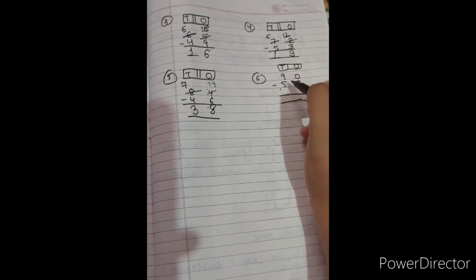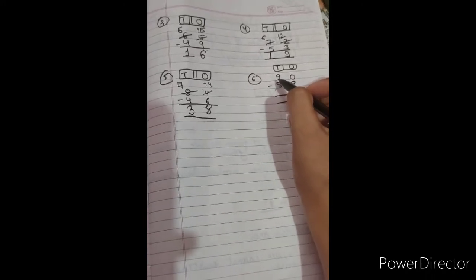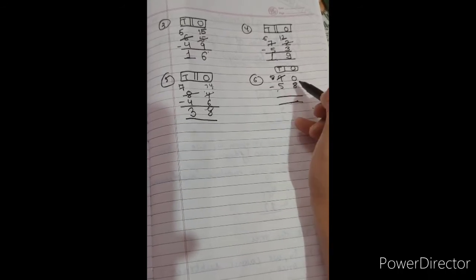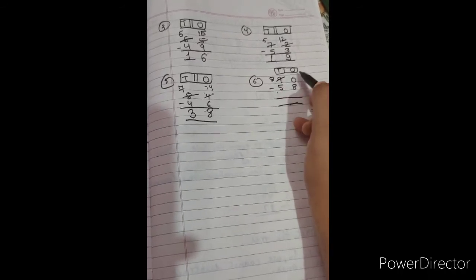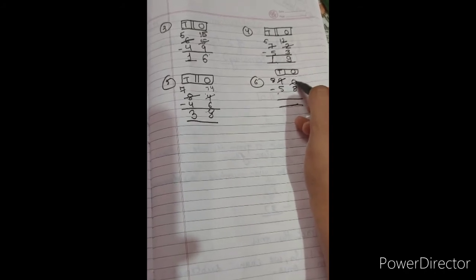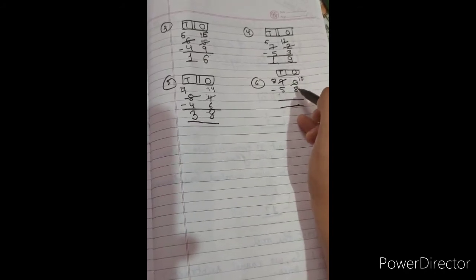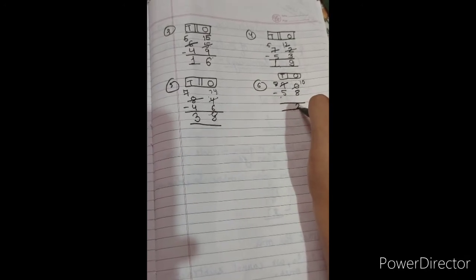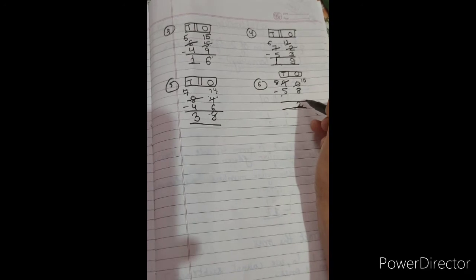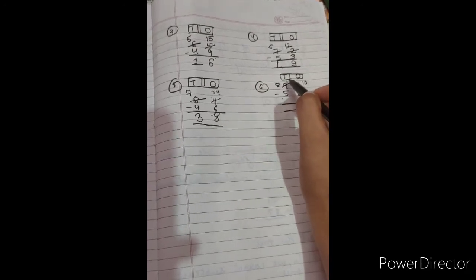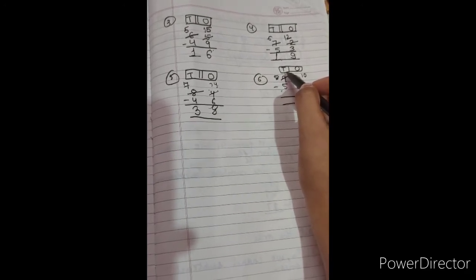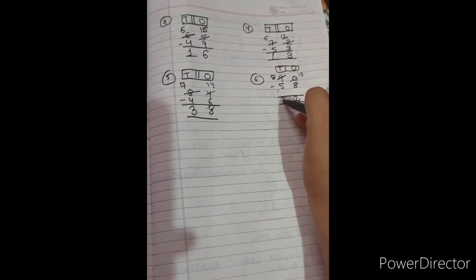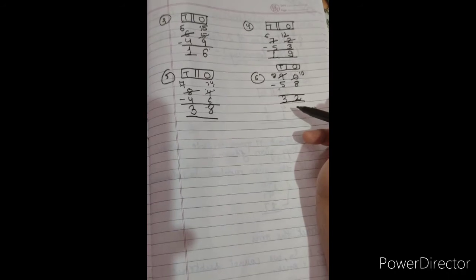So from the tens column, we borrow 1 ten, leaving behind 8, and 1 ten plus 0 ones becomes 10 ones. 10 ones minus 8 ones equals 2 ones. So write 2 under the ones column. Now step 3 is subtracting the tens. 8 minus 5 is 3. So 32 is the right answer.